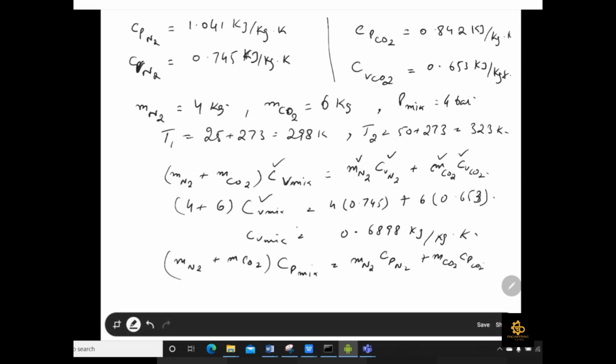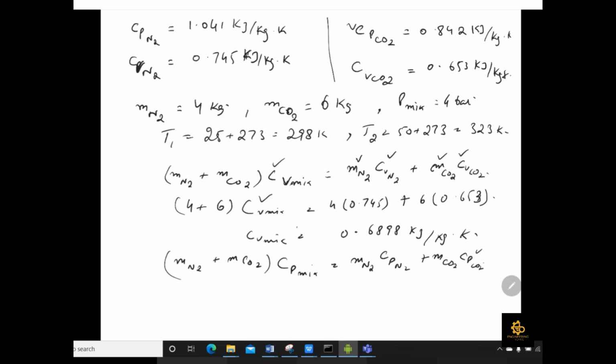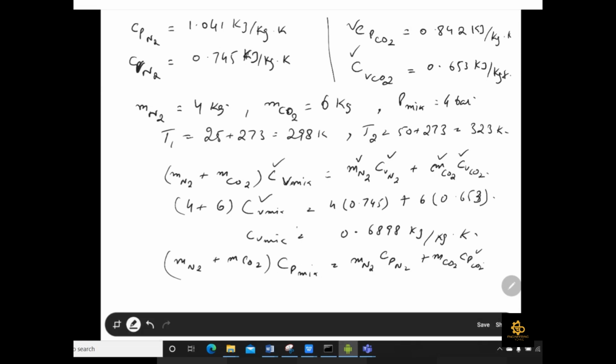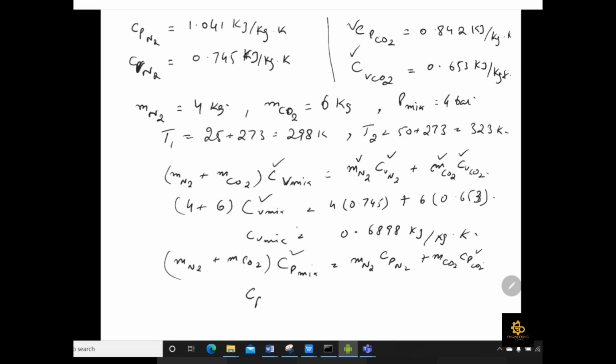Now you just have to plug in the Cp values mentioned above and solve for Cp mix. You can easily find the value of Cp mix using this relation, which is 0.9216 kilojoule per kg Kelvin.